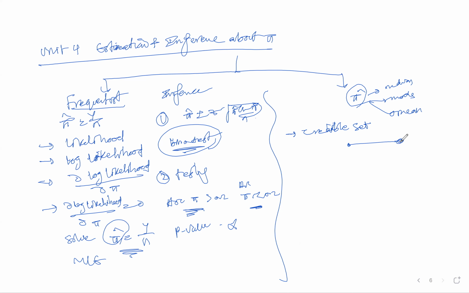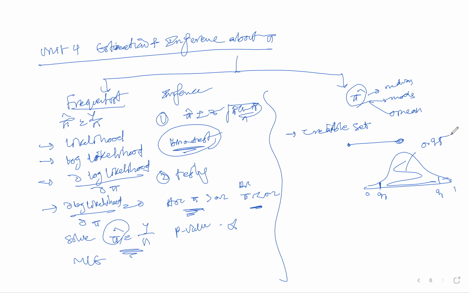So the graphical representation of the posterior distribution may be this one, from 0 to 1. How do I find the two values, Q1 and Q2, such that the area under the curve in between is 0.95 or 0.99?